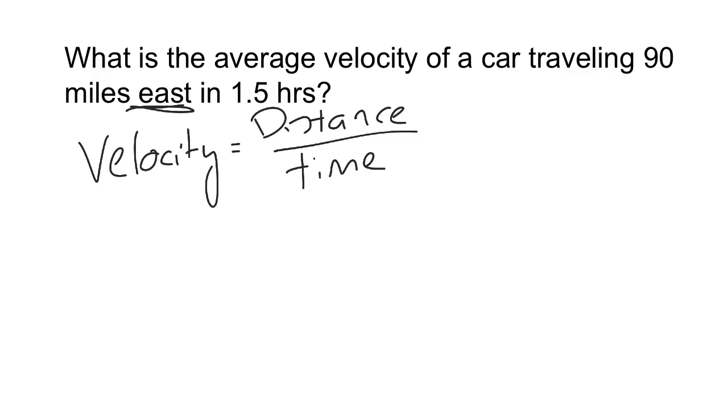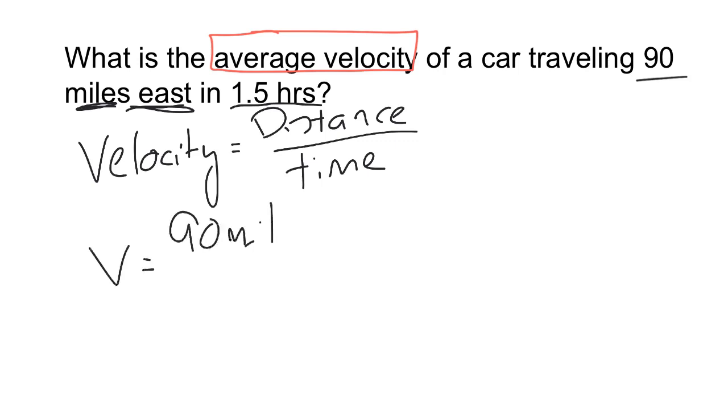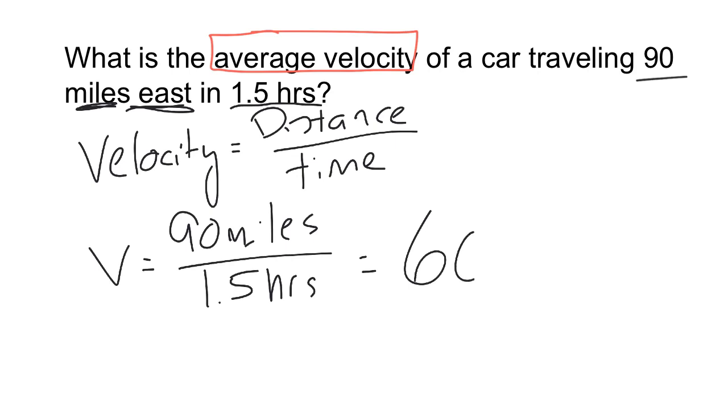So we just write out our equation first. We are trying to find the average velocity. And we have our information here, 90 miles, which is a distance, and we have 1.5 hours, which is a time. And so now we can just plug in here. We have V equals 90 miles divided by 1.5 hours, and that's going to equal 60 miles per hour.